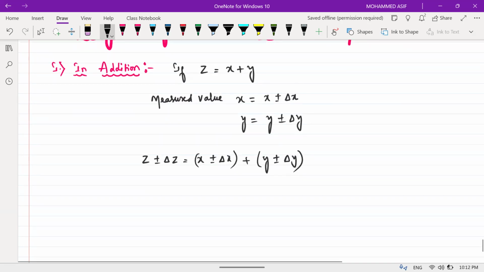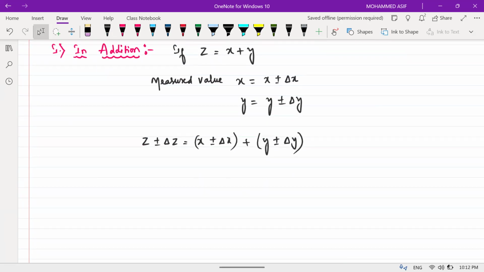Isn't it? Now delta z is right now for me the error. So this will be z plus delta z is equal to all the original values. I'll write first x plus y, the true values, then plus or minus their errors delta x plus delta y. Errors are always positive.